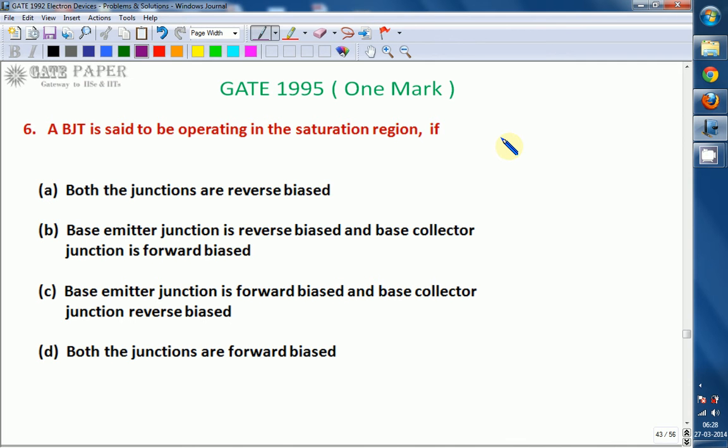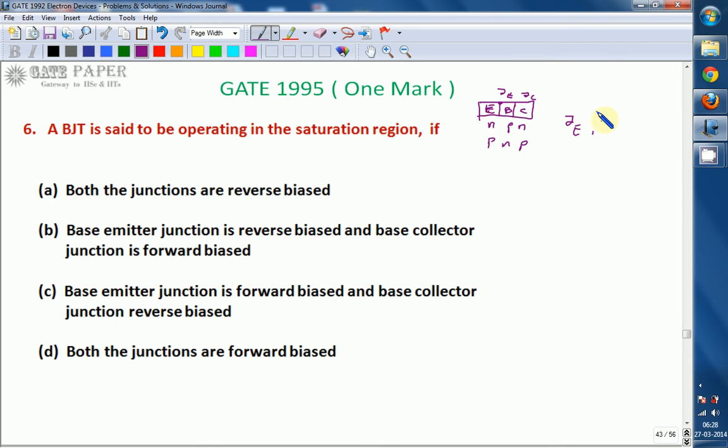Okay, we know that a BJT consists of 3 regions: emitter, base, collector. It can be either an NPN transistor or a PNP transistor. Whether it is NPN or PNP, there will be a junction across emitter base, that is JE, and another junction, that is JC.